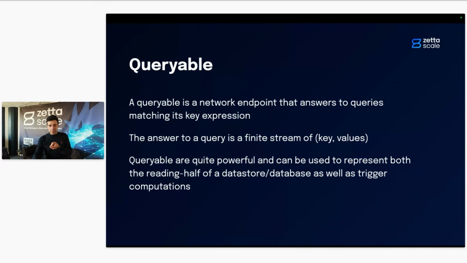A queryable is quite powerful because, again, you can use it to represent either the reading of a data store or to trigger computation. So last week we used it to trigger computation in a pretty simple case because we only had a queryable that was our famous ASCII image generator.